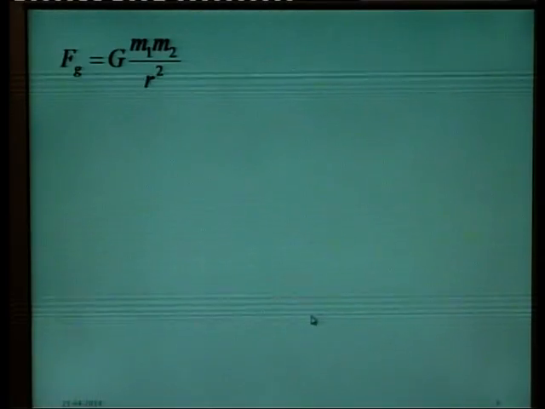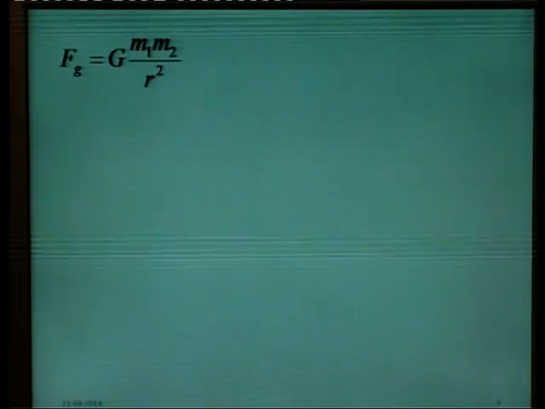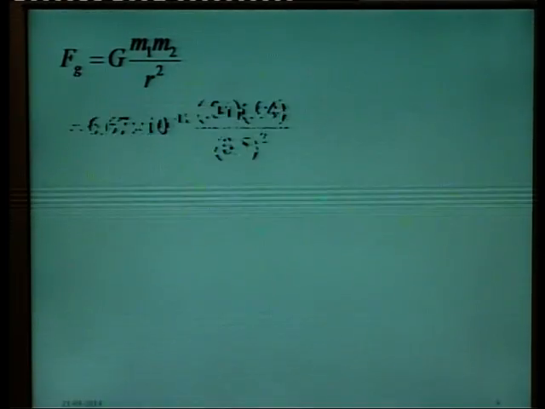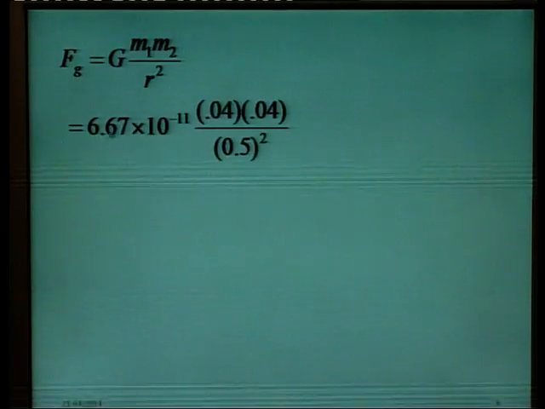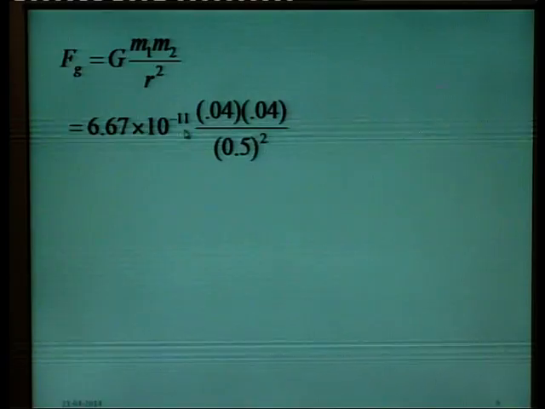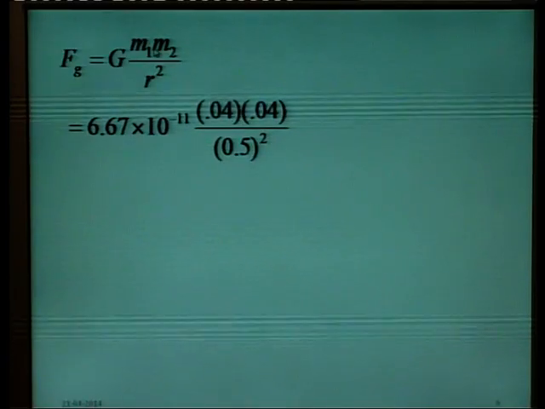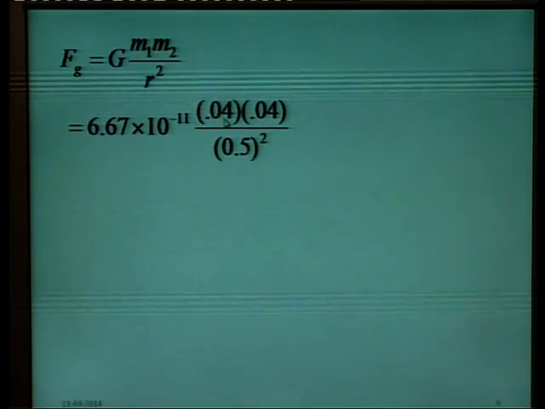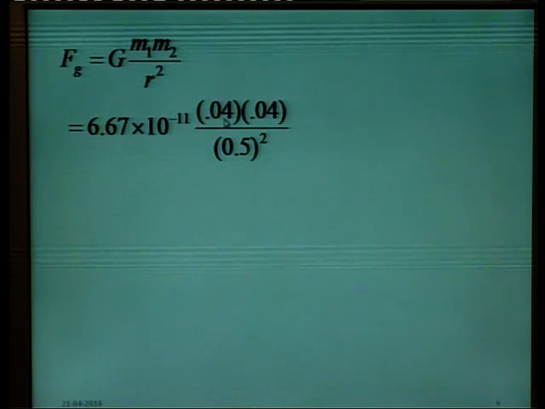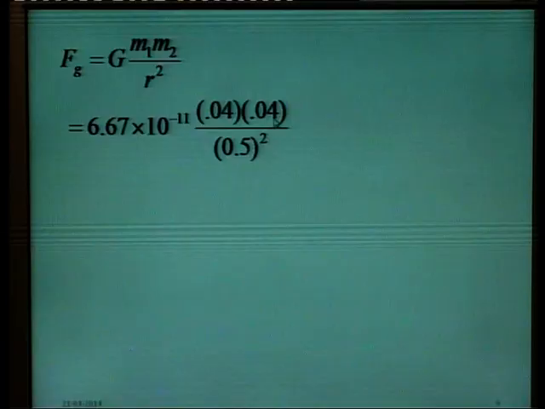So, what will be the force? Gravitational force? It is G into m1 m2 by r square. What is the value of G? 6.67 into 10 to the power minus 11. Masses were of 40 gram each. 40 gram means 0.04 kilogram. So, both are 0.04 kilogram.